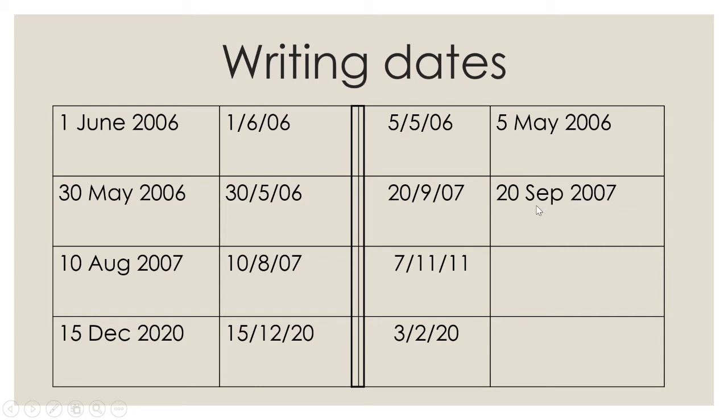Now children, you should know exactly which month is first, which is second, which is third, and so on. Now 7/11/11, the 11th month is November, so this is 7th November 2011. 3/2/20, now this is 3rd February 2020. So children, this is how we write the dates.